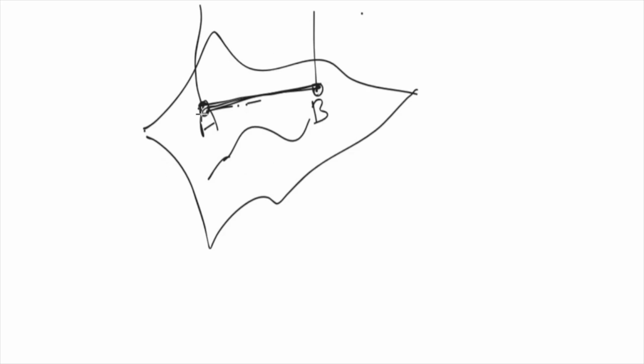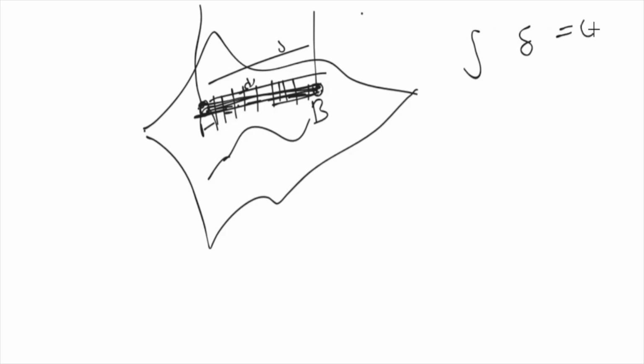What will it be? The distance between A to B is some integral or sum of little incremental pieces, and the condition that it is minimum or stationary would be that its variation, suppose this is ds and total is s, between this is equal to 0, just as we did earlier.